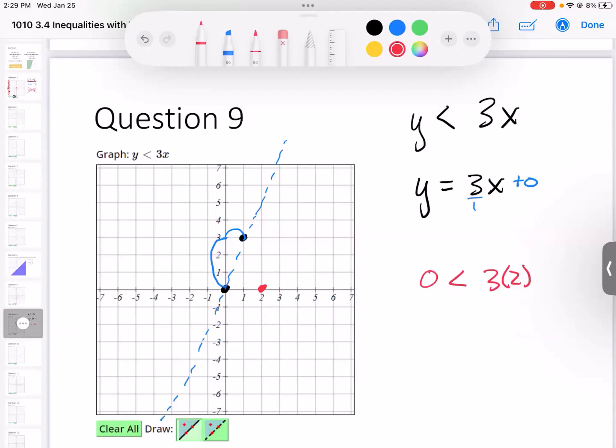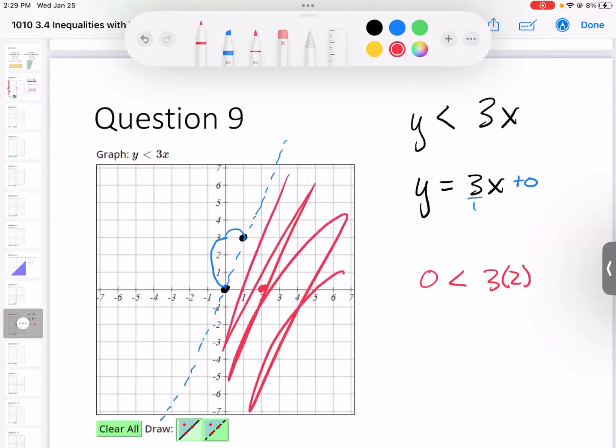And in this case, it is. So that would tell me I would shade this side. But if it had been a false statement, then I would shade the other side. So my little trick of using 0, 0 as my testing point doesn't always work if 0, 0 ends up being on the line, because it won't help you determine which side of the line to graph.